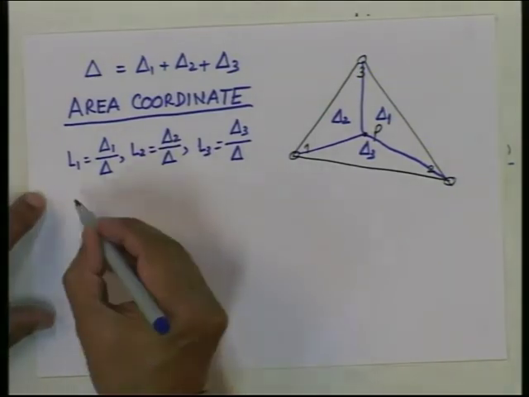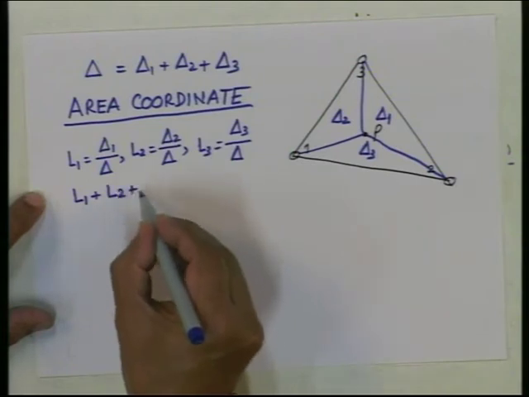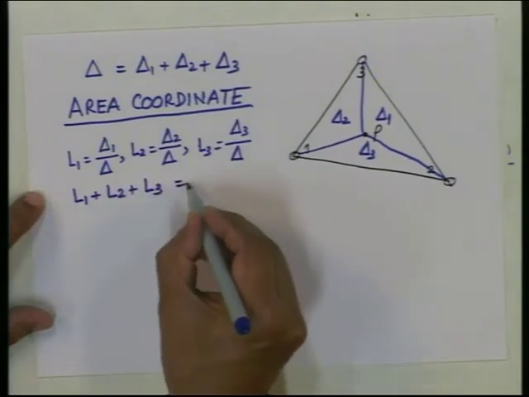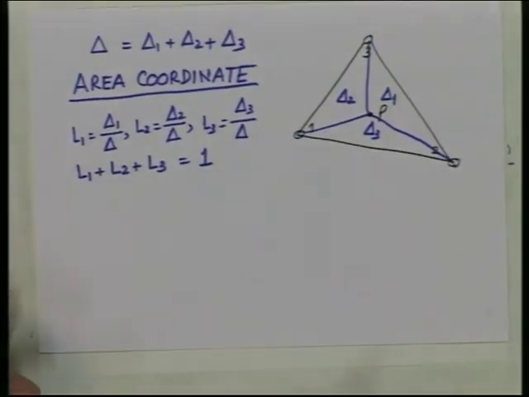By the way, what will be the summation of L1, L2, L3? Yes, that is one good thing. So we have got now three ratios of area. These are non-dimensional because you are dividing area by area. Once you are dividing area by area, you will get only a non-dimensional number.